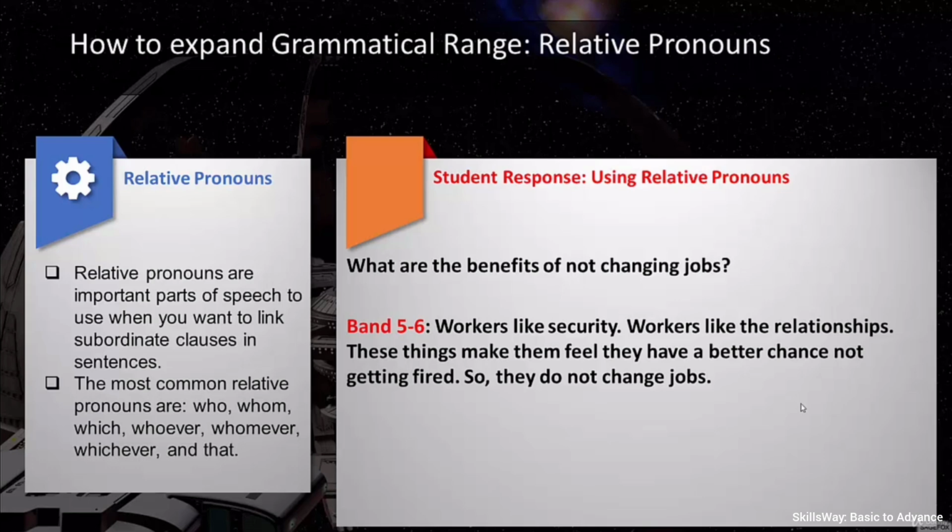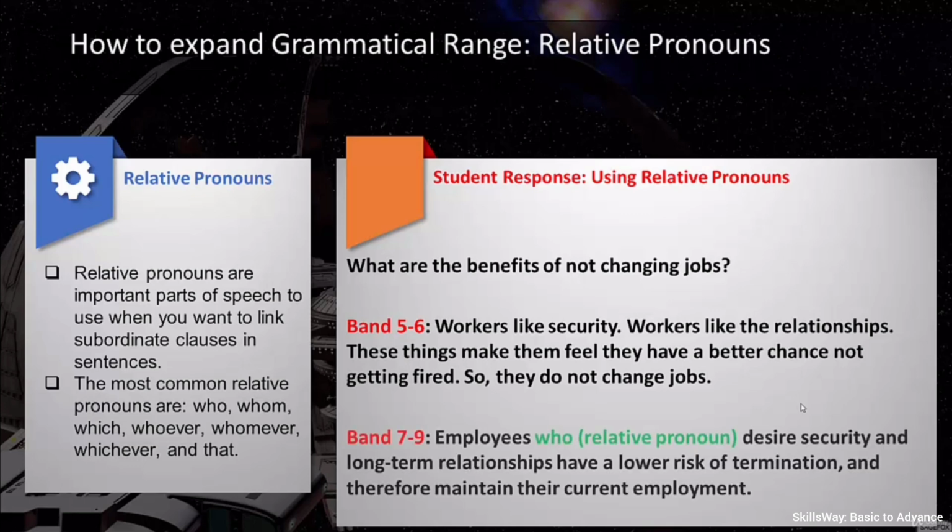Yes, they are, because you're just not able to put information together, to combine details together. That's a higher skill level. So, look here: Employees who desire security and long-term relationships have a lower risk of termination and therefore maintain their current employment. Much, much better. Much higher level work.